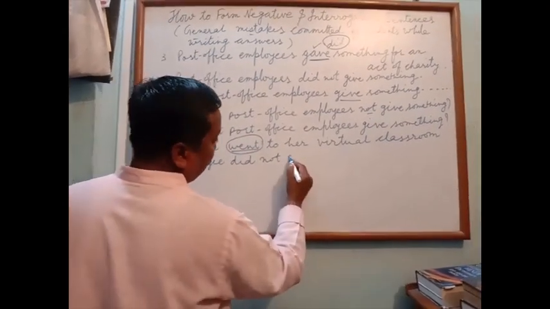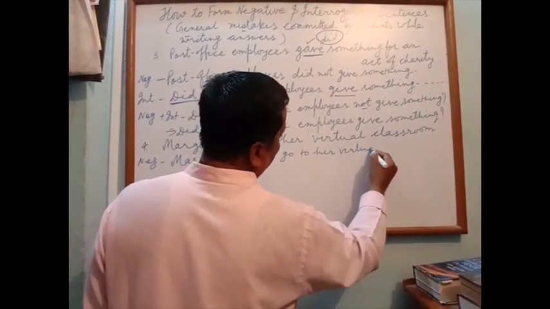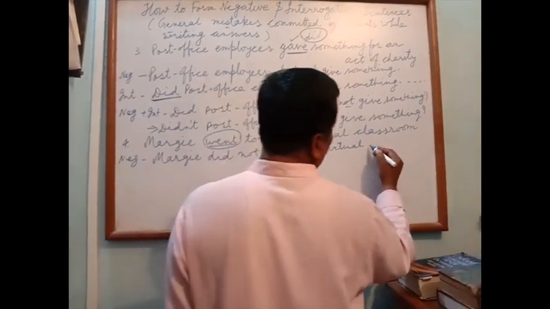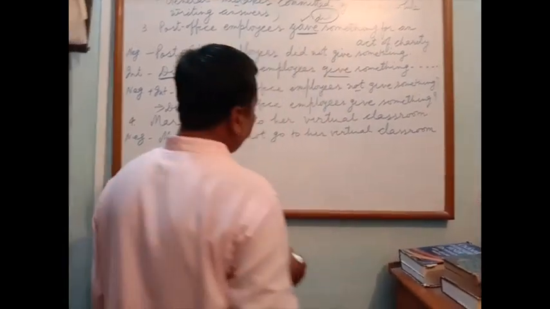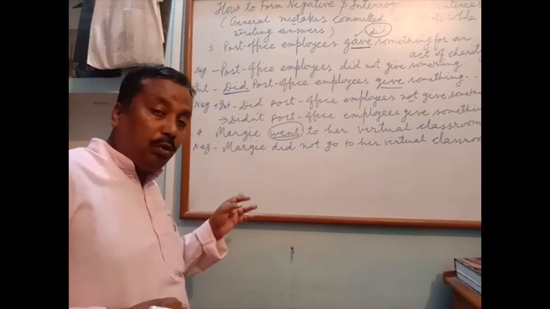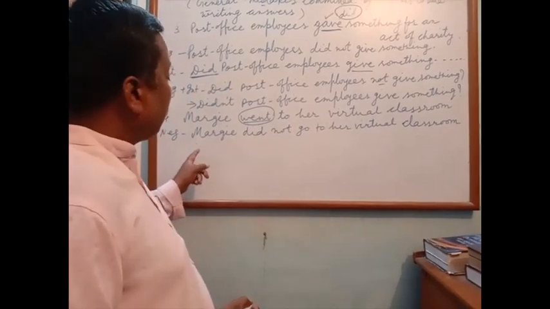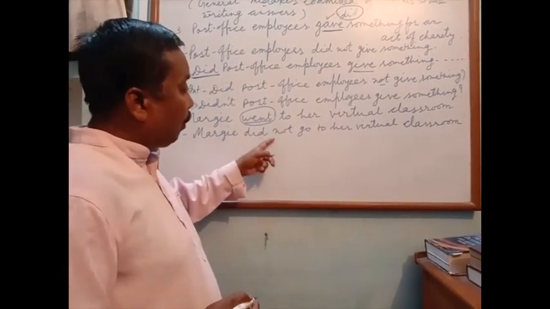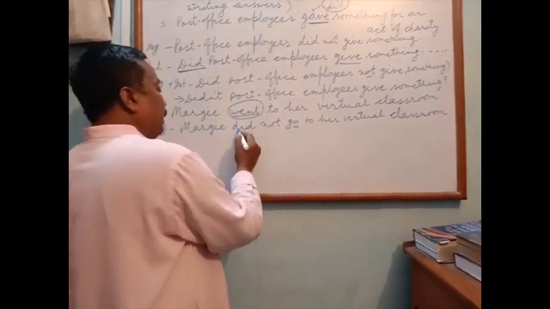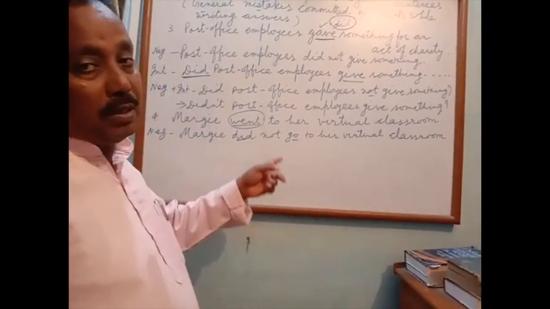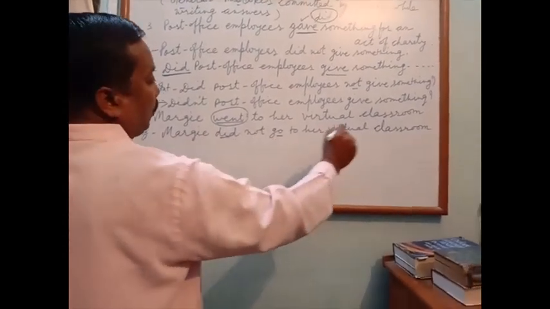Go to her virtual classroom. But what do students do here? They commit a mistake. Students write, Margie did not went. This is the mistake. Here also V2 and here is also V2. This type of mistake the students must avoid. Did not go to a virtual classroom.